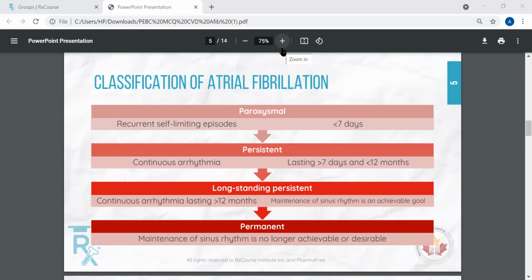And in this case, the sinus rhythm is no longer achievable or desirable. And another point on the fiber, as we mentioned earlier, it took the control of generating the impulses, and this is how the heart will be working. Like the generator will be different, not the normal SA node, and we will keep it as is.